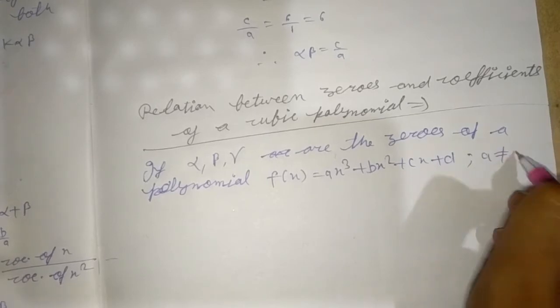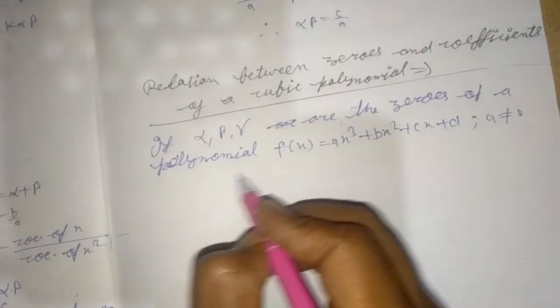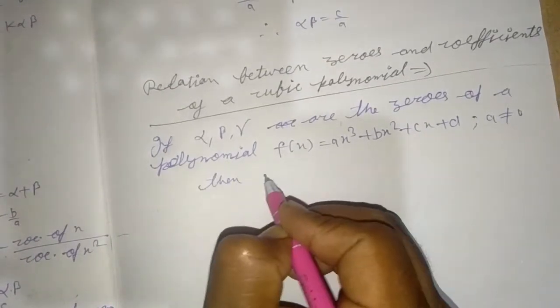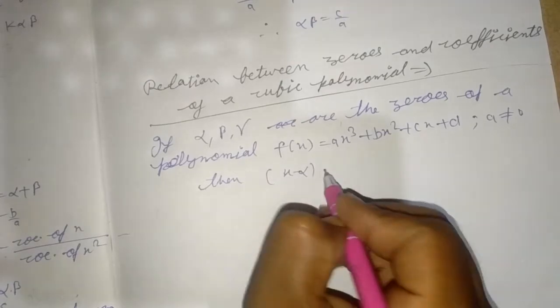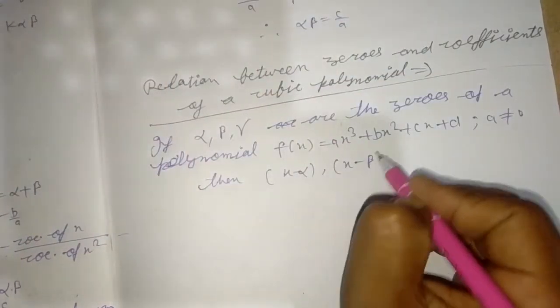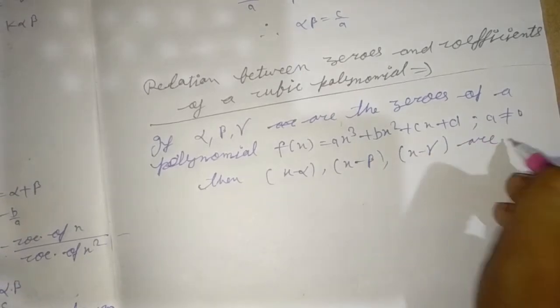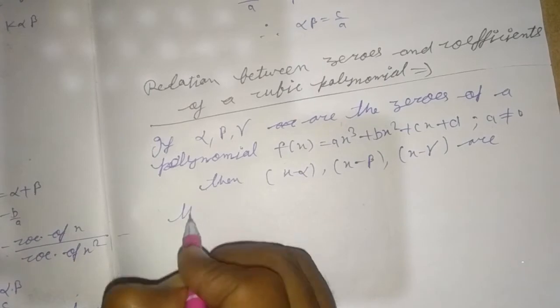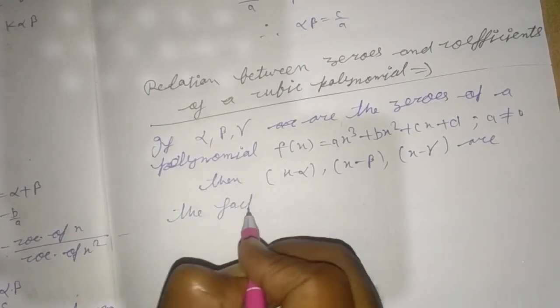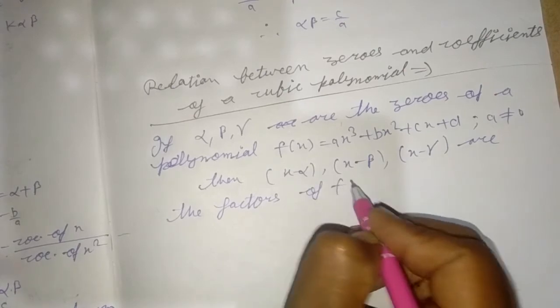A does not equal 0. A, B, C, D are constants. Then x minus alpha, x minus beta, and the last x minus gamma are the factors of f(x).